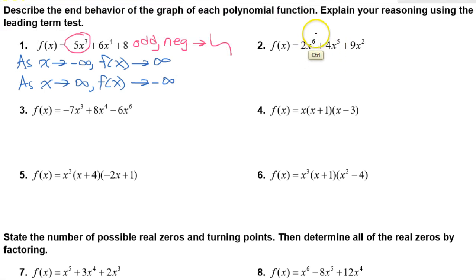On this one, the leading term is right here, and that is going to be even degree and positive leading coefficient. So that means the end behavior is going to look like this.